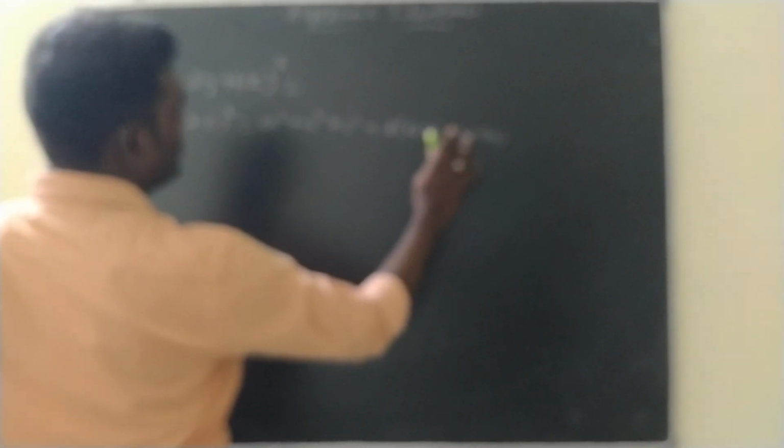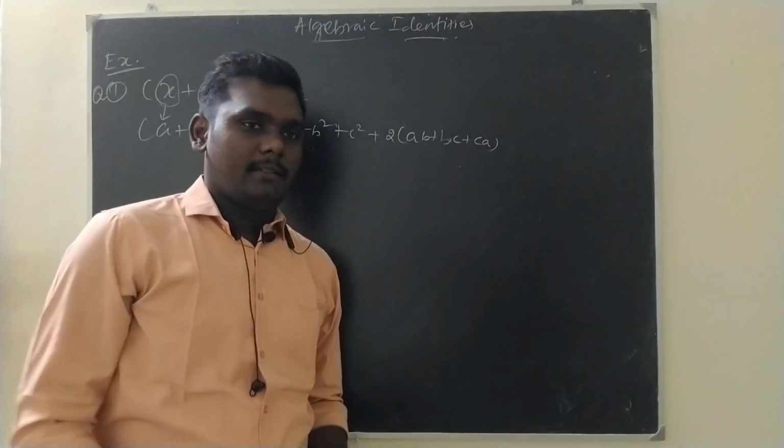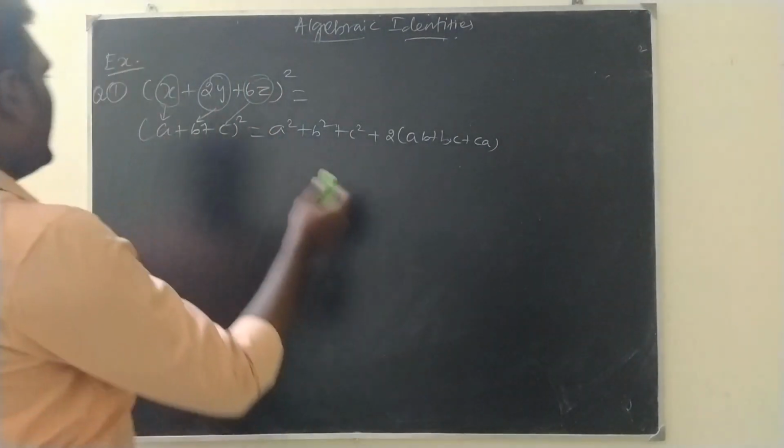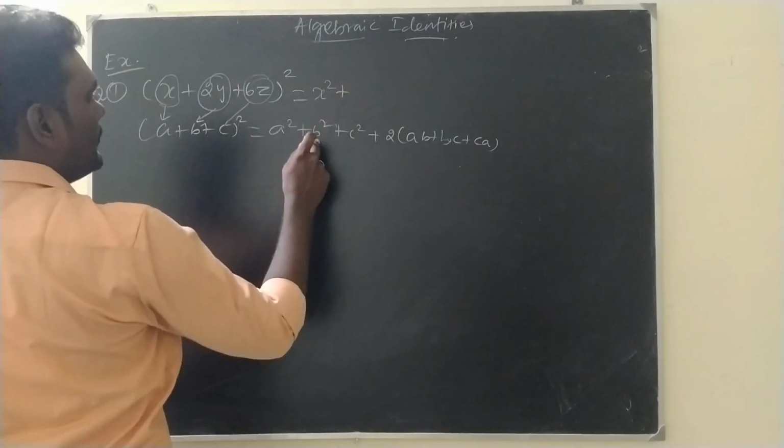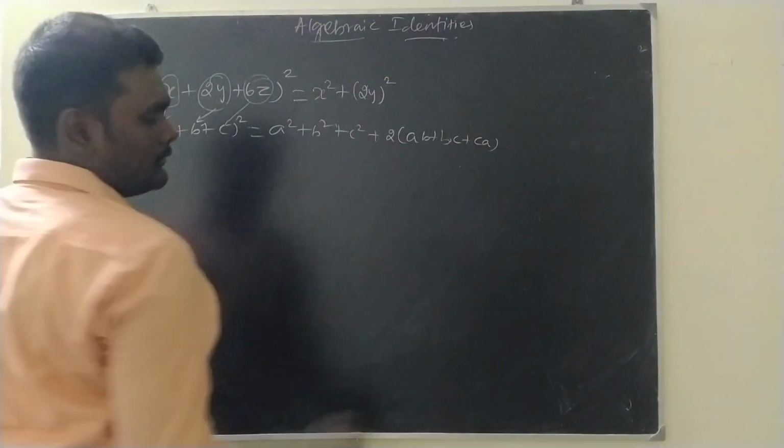What is A? What is B? What is C? This whole thing can be considered as A, this whole thing as B, and this whole thing as C. So here we wrote ABC directly, but when a product of 2 comes, we should put a bracket. So A square means simply x square plus B square. The second thing has 2 things in a product, so we'll put bracket 2y whole square.